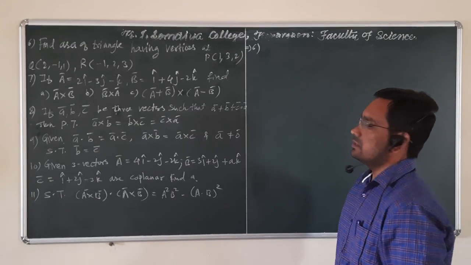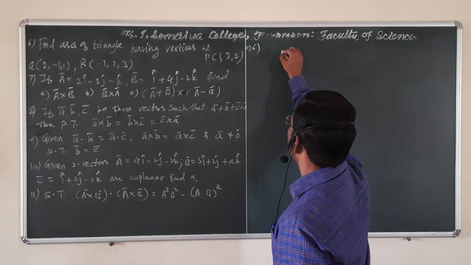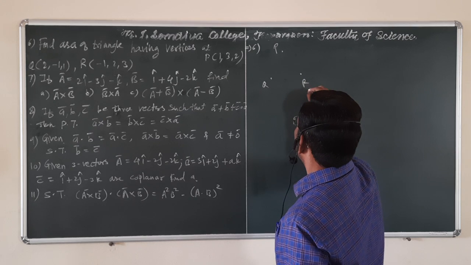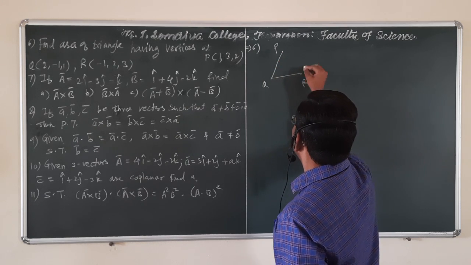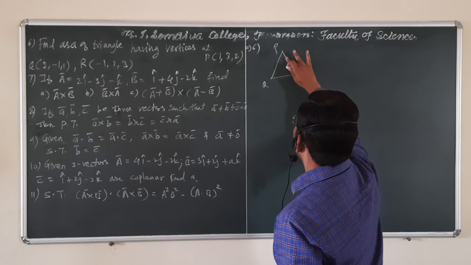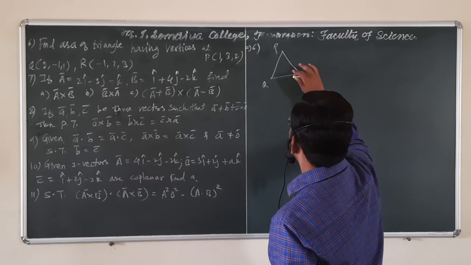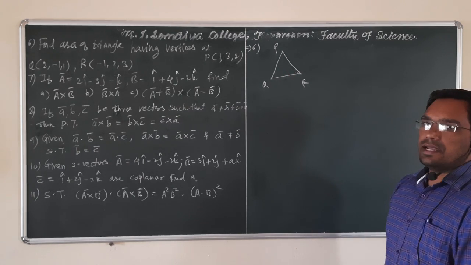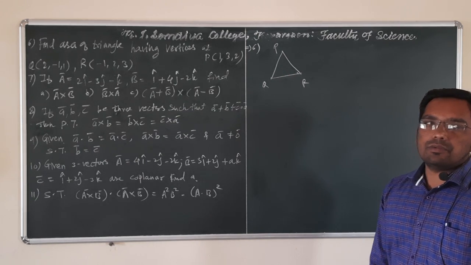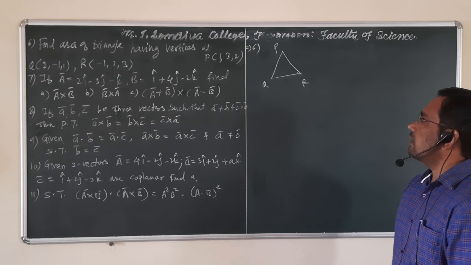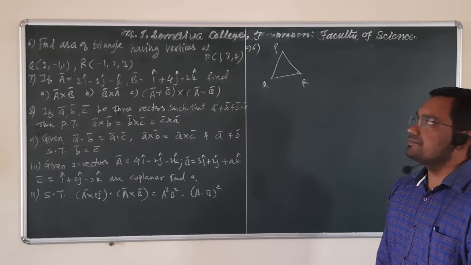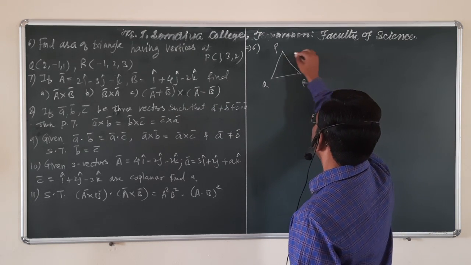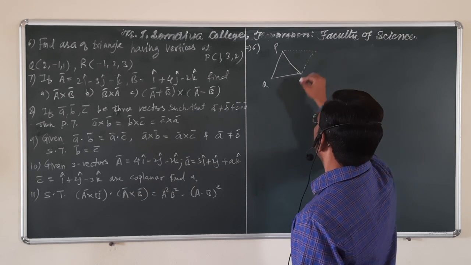Okay, so diagrammatically we can show that as, suppose this is P, Q, R. If you join this, a right angle triangle is formed. Okay, and we have to find the area of this triangle. We know that the area of any triangle is 1/2 base into height. Or we can use a property, suppose you form a parallelogram.